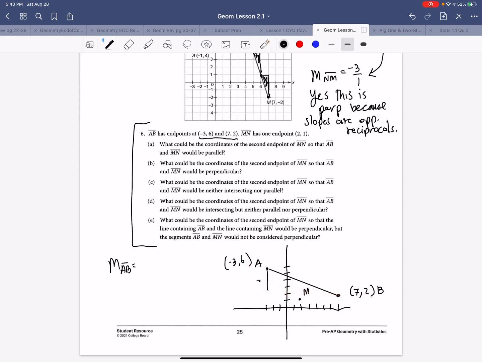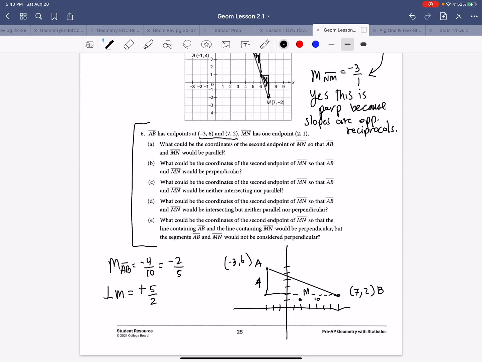Down 4 over 10. All right, so the slope is down 4 over 10, which would be the same as 2/5. So to be perpendicular, the slope perpendicular to that would be positive 5/2.